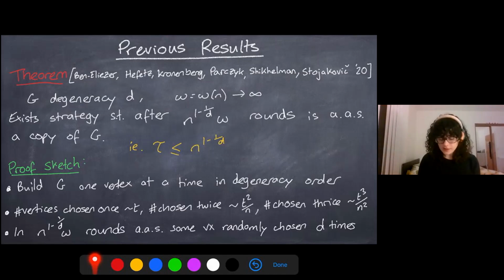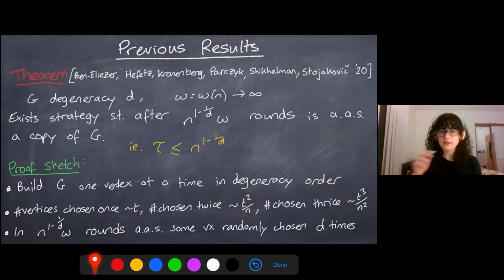And it turns out that this value, n to the 1 minus 1 over D times omega, is just the number of steps you need to ensure that some vertex is randomly chosen D times. How can you see this? Well, the number of vertices chosen once is like T. The number of vertices chosen twice, we already saw.